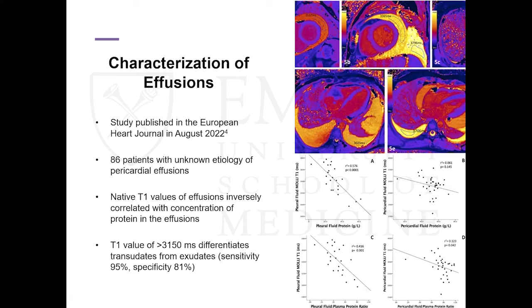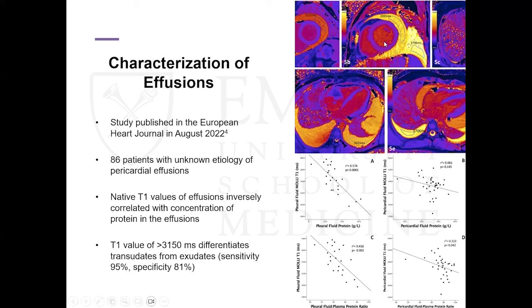The authors ended up using a cutoff T1 value of 3,150 milliseconds to differentiate transudates from exudates. And whenever the samples from these 86 patients were ultimately sampled, they showed a sensitivity and specificity of 95 and 81% respectively.